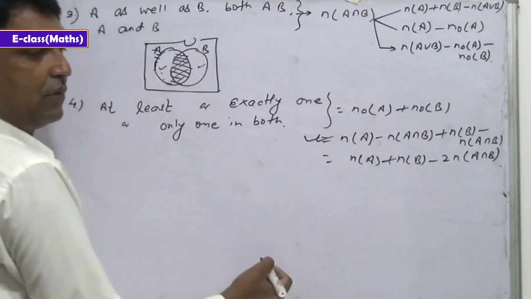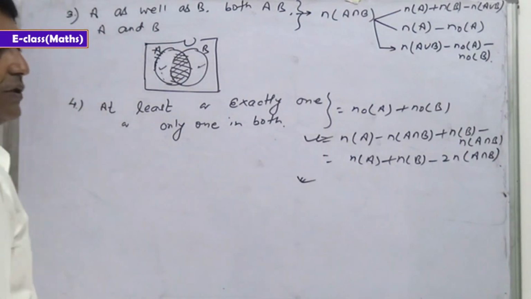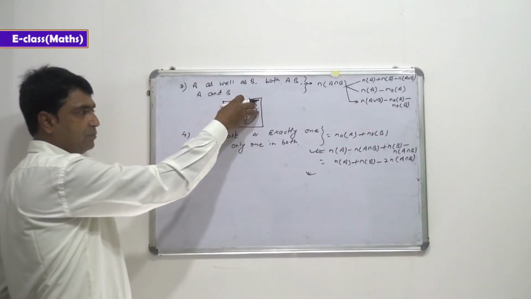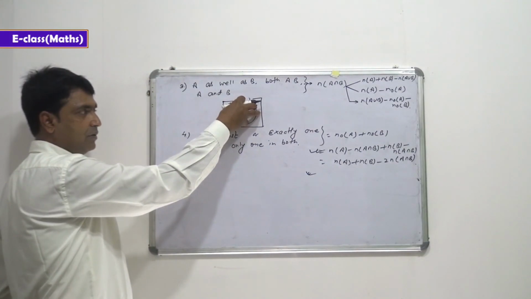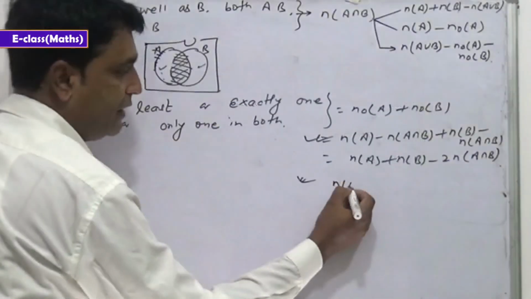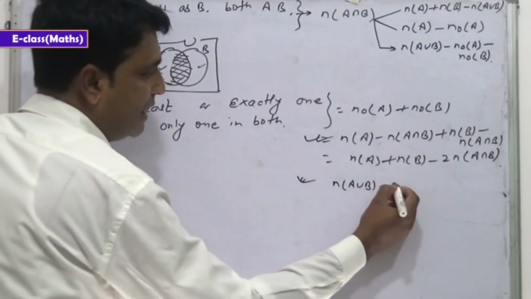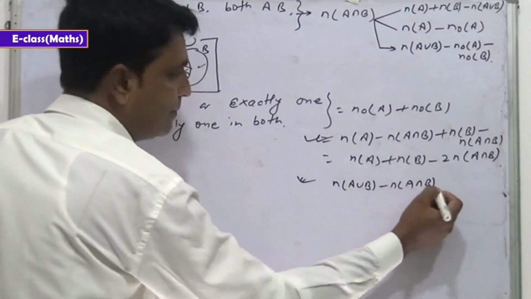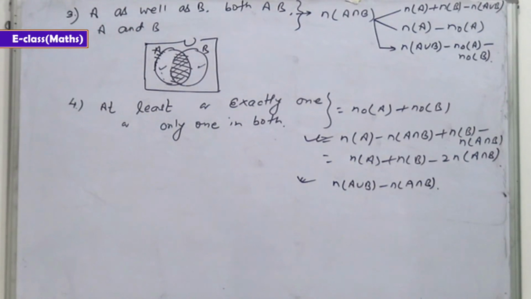Use this one. Otherwise, listen, from this whole यो पुरैबाट intersection यो सेट गरेको भाग हटाइदिनुस्. We can write n(A union B) minus n(A intersection B). This is called there.